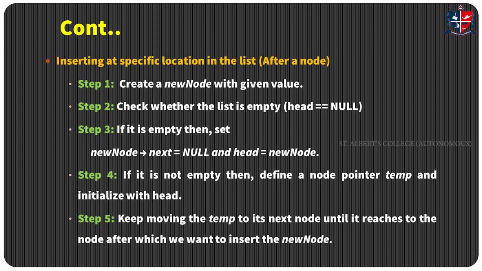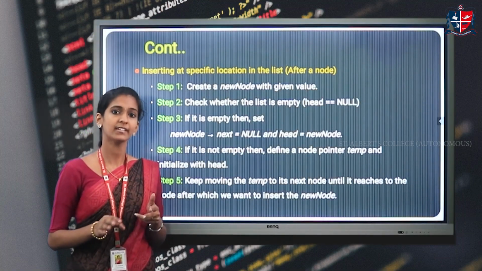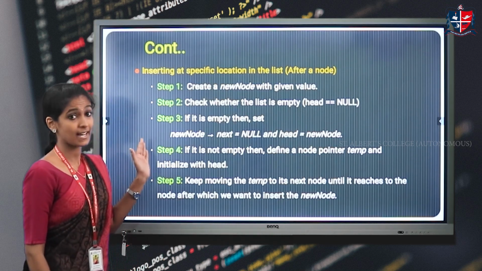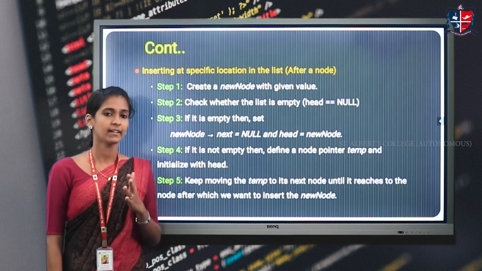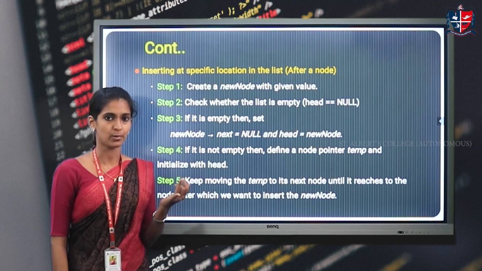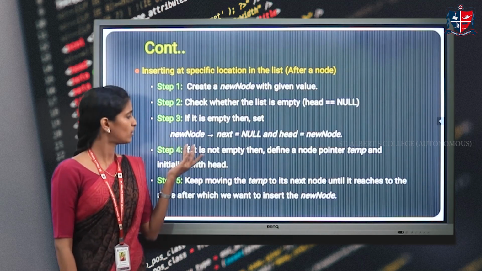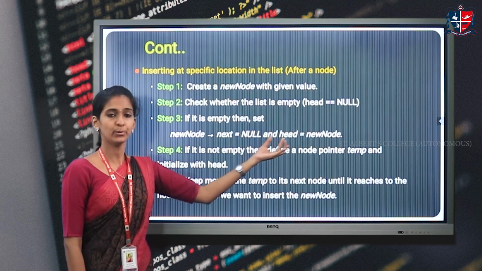Now let's see how insertion is possible at a specific location. A specific location can be the first node, or the last node, or it can be a middle case also. So how it can be done is through this algorithm. First of all, create a new node with the given value and then check whether the list is empty or not by using head is equal to null. If it is empty, you already know that the new node's next can be set as null and point head to new node.